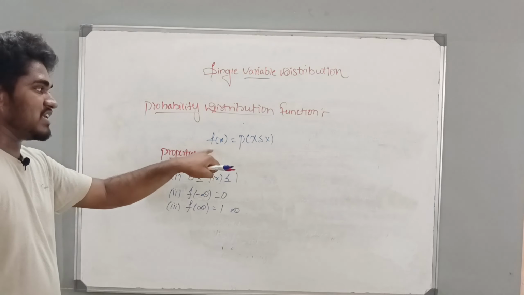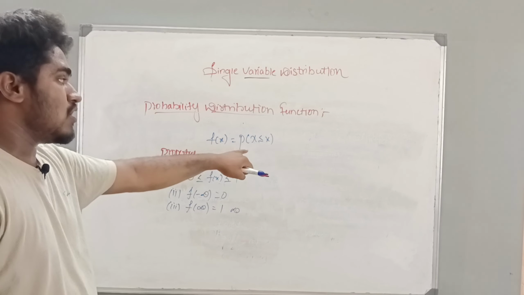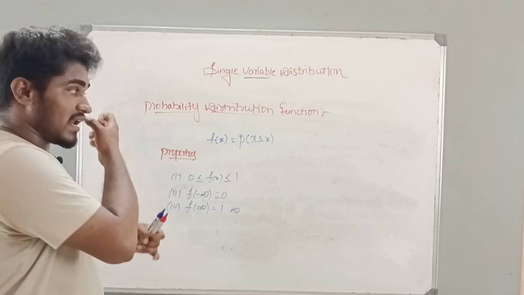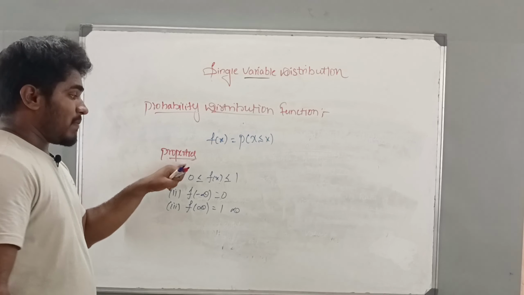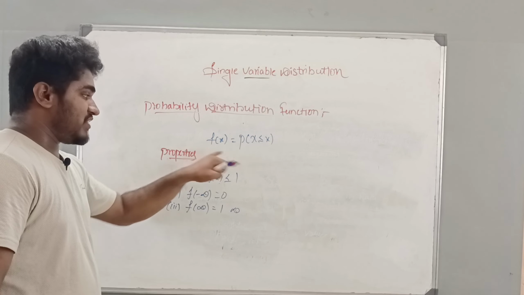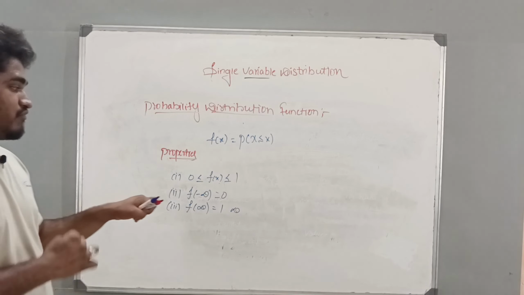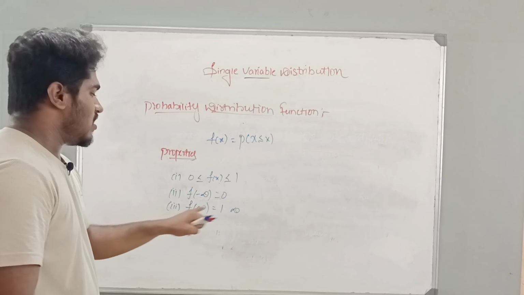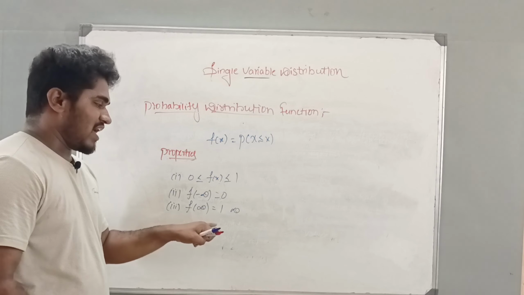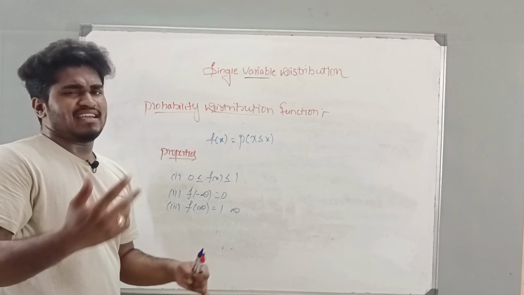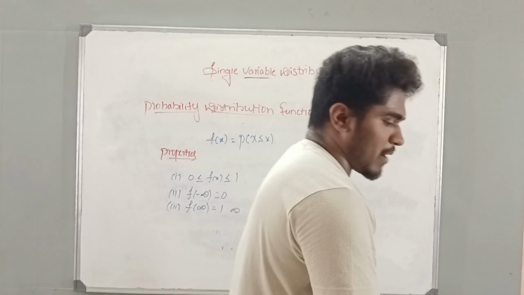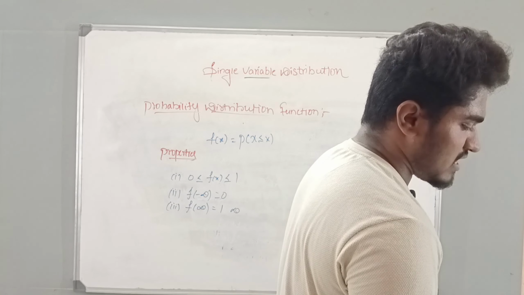So the probability distribution function f of x equals p of capital X less than or equal to small x. Its properties are that it lies between 0 and 1, at negative infinity it is 0, and at positive infinity it is 1.